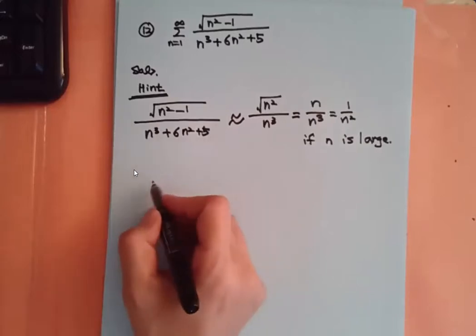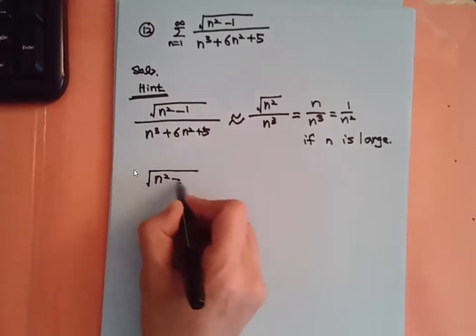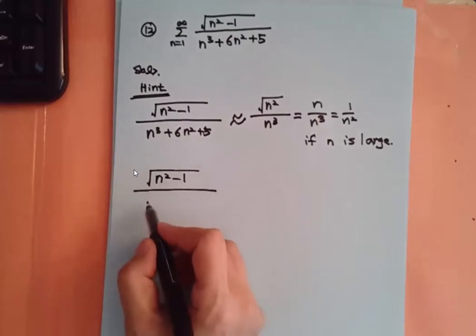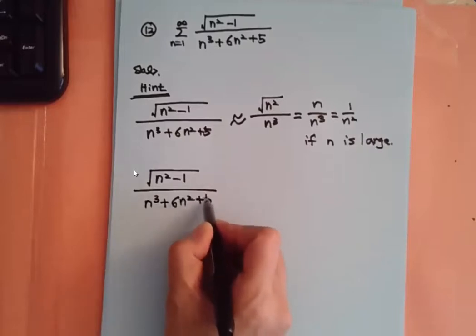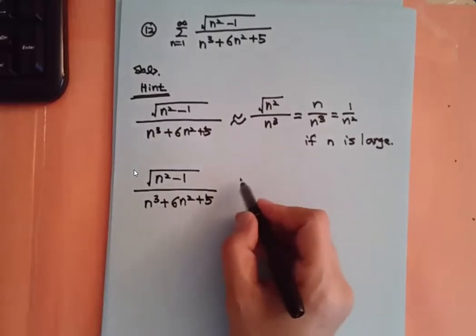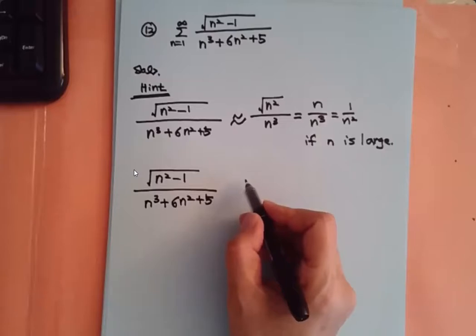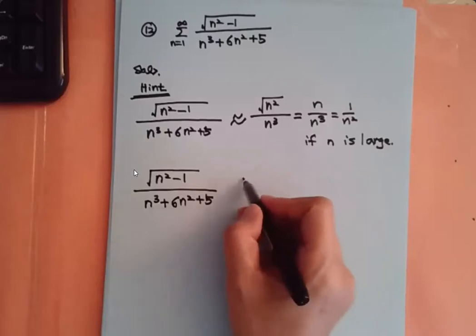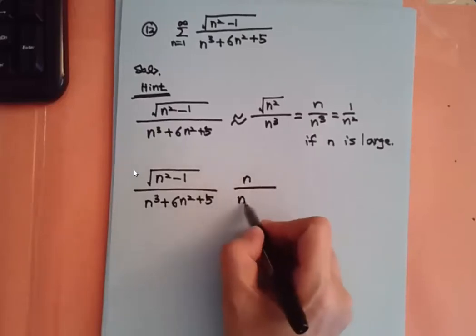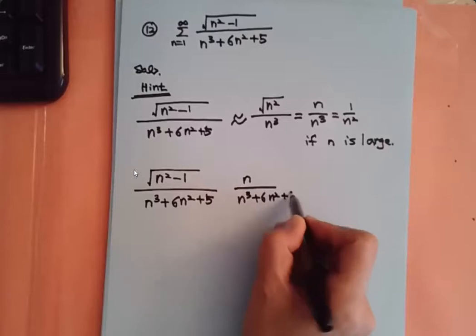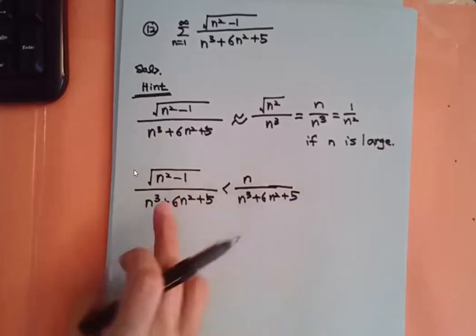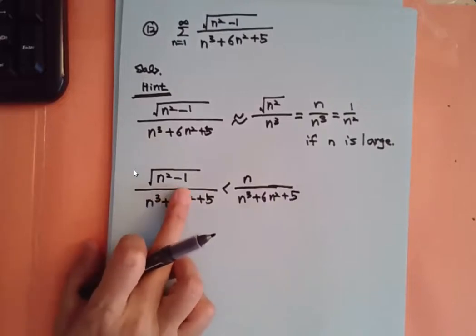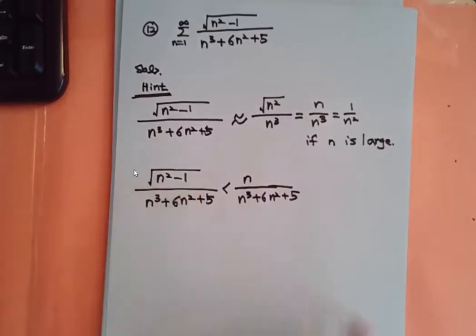So if you look at the given fraction, that is square root of n squared minus 1 over n cubed plus 6n squared plus 5. And we want to compare that with just n over n cubed plus 6n squared plus 5. And then obviously this one is larger because n squared minus 1 reduces the number, right?